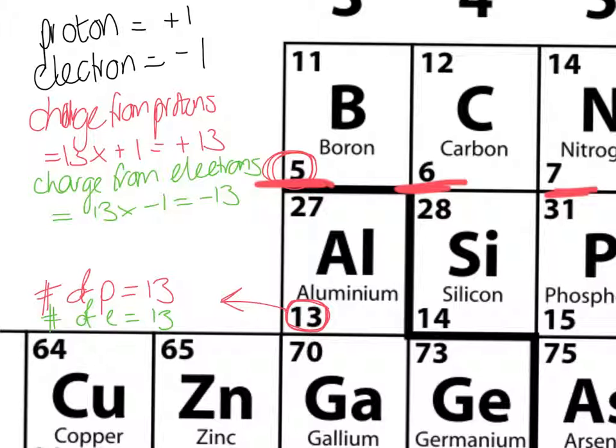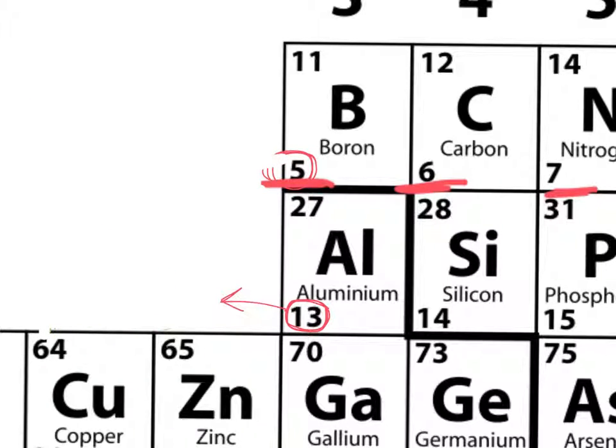Okay, so now we can work out the number of protons, the number of electrons and the number of neutrons in an atom. So if I rub out all this, we will work out the number of protons, electrons and neutrons in an atom of aluminium. Our atomic number is 13, so our number of protons is 13.